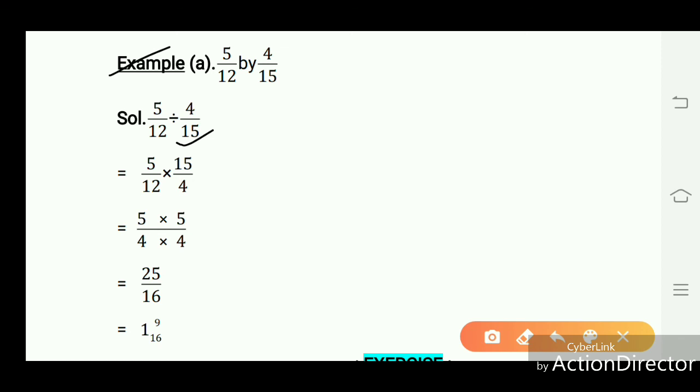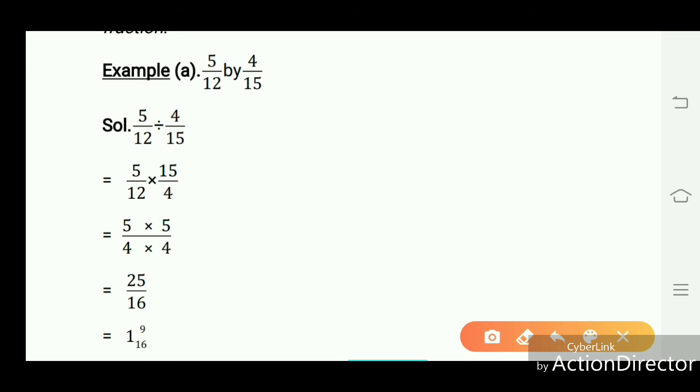When we take the reciprocal of a fraction, the numerator changes into the denominator and the denominator changes into the numerator. 5/12 is written as it is here, and 4, the numerator, changes into the denominator, and 15, the denominator, changes into the numerator.